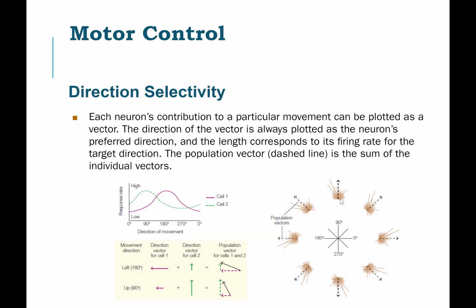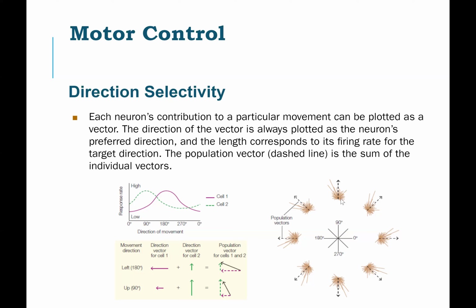So what this figure is showing is that when you're trying to make a movement in this direction, this could be how the 200 neurons are acting. Now, each of these lines is the preferred direction of a cell times how strong it's firing. Does that make sense? So you have 200 cells, for example.